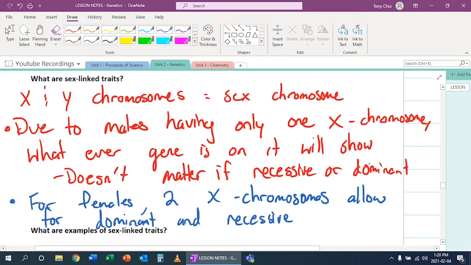So that means for a female, if they do have, let's say, a gene for, I don't know, super strength and a gene for weak strength in those X chromosomes, and super strength is dominant, that dominant super strength will show, even though they have a weak strength gene in them. For a male, though, if that X chromosome has a weak strength gene, the Y chromosome cannot dominate over it. There's just no gene present there. And that's what we call sex-linked traits.